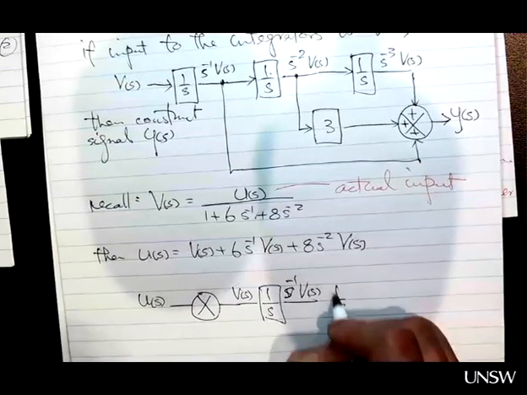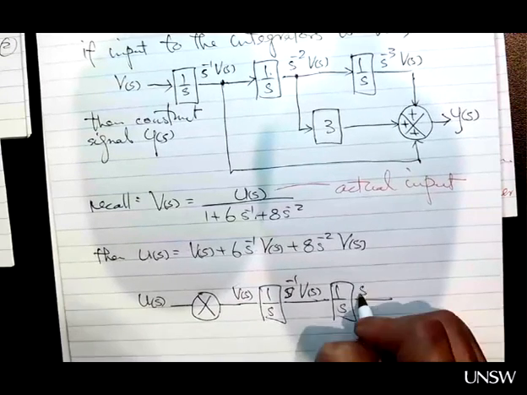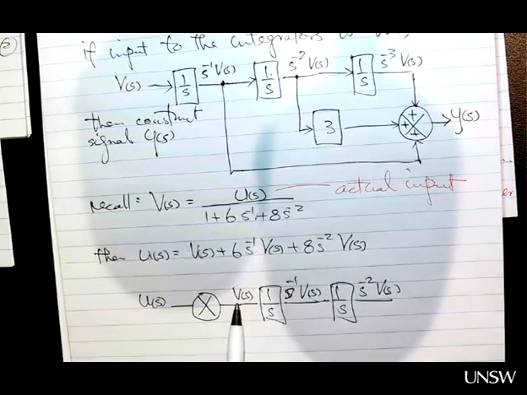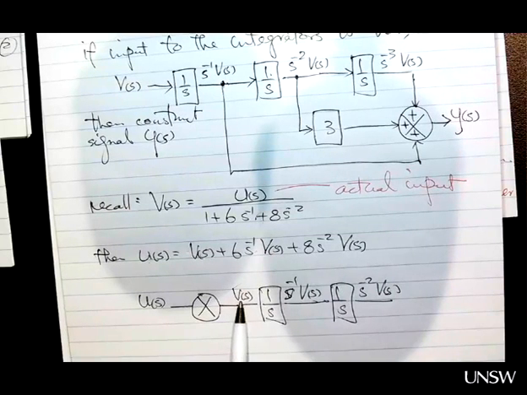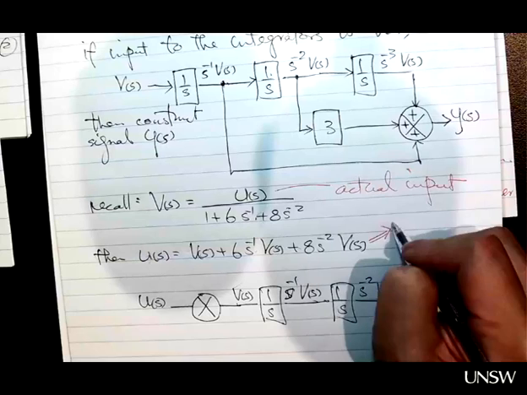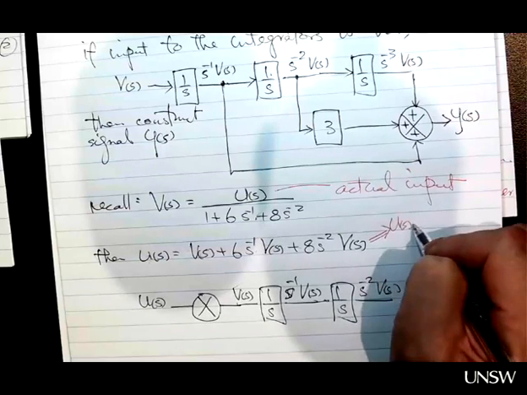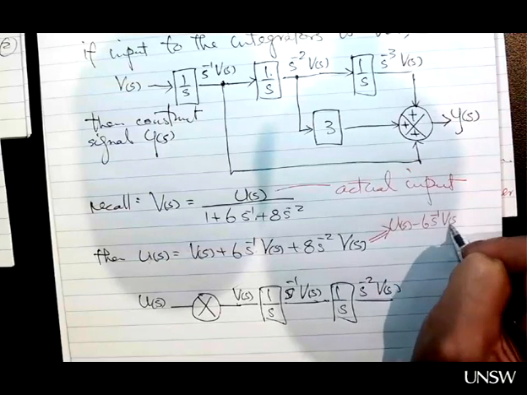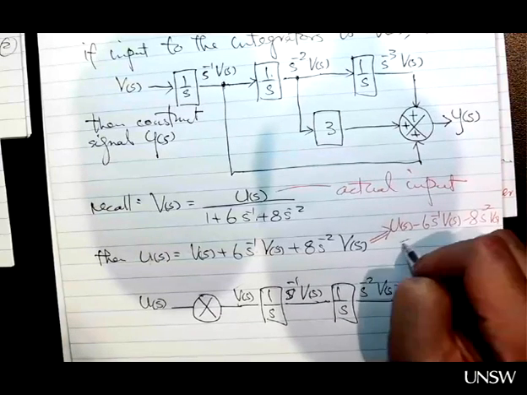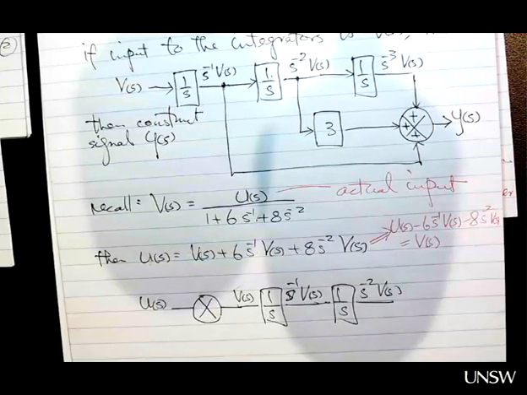And then another integrator, s^-2 V(s). At this point, at the V(s), we can rewrite this equation as U(s) - 6s^-1 V(s) - 8s^-2 V(s) equals V(s) at this point.